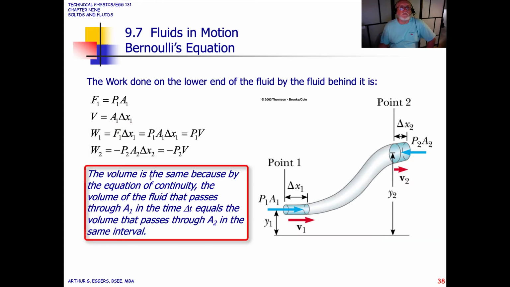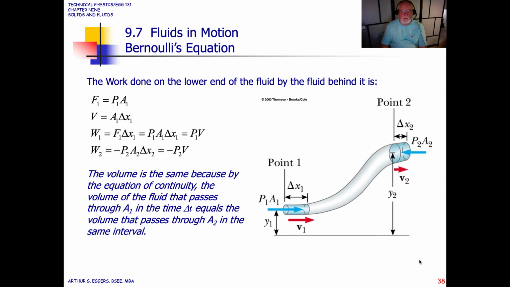So the volume is the same because by the equation of continuity, the volume of the fluid that passes through the entrance, A1, in the time delta t, equals the volume that passes through the exit, A2, in the same time interval.